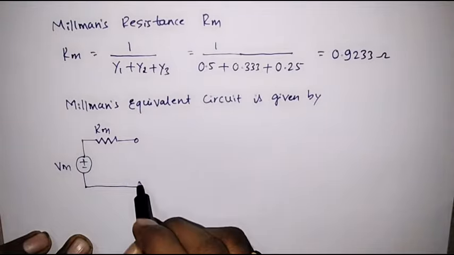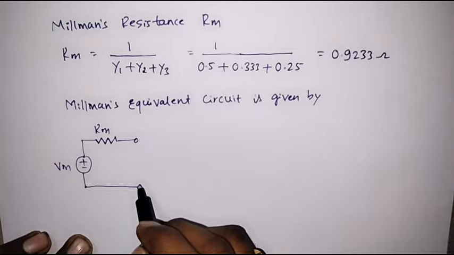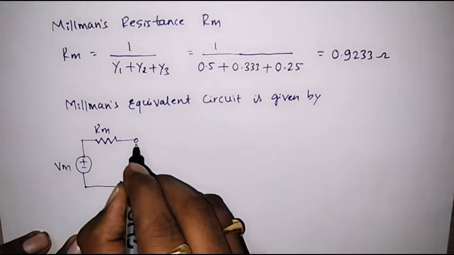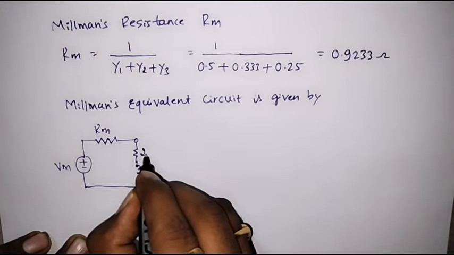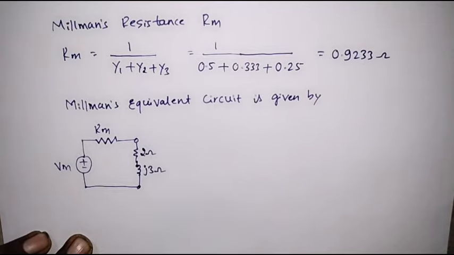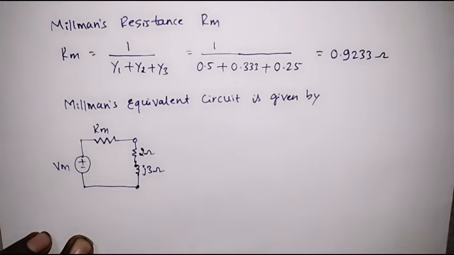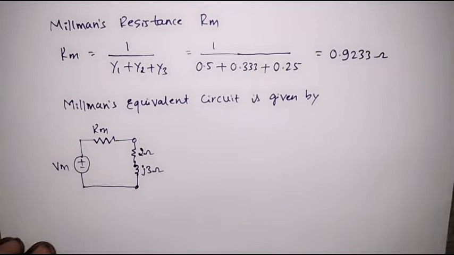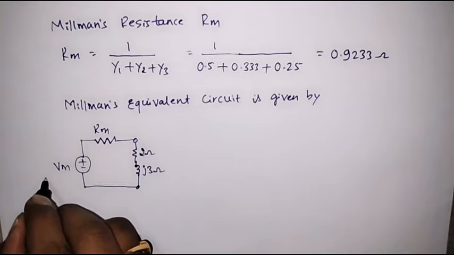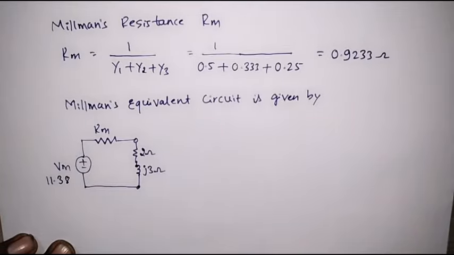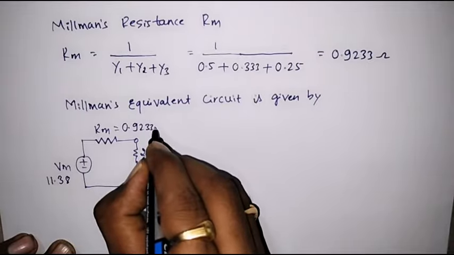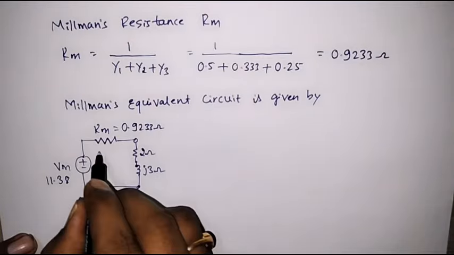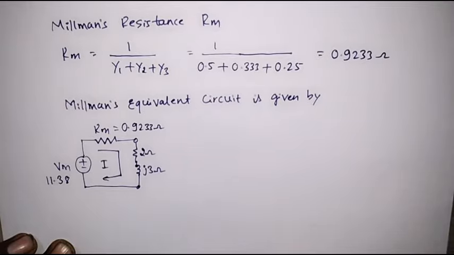Now to this terminal, the branch in which the voltage or current is to be calculated is supposed to be connected. So here we are supposed to connect the 2 plus J3 ohm resistor, which was removed from the circuit at the beginning. Here the value of Vm is 11.38 and the value of Rm is 0.9233 ohm.